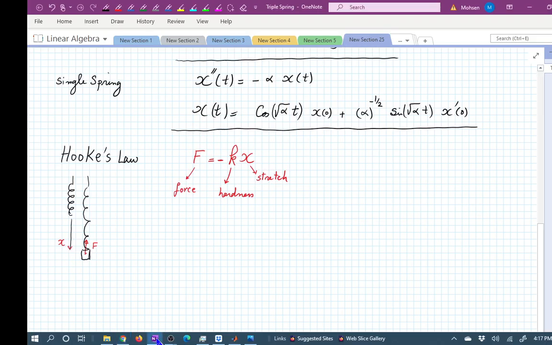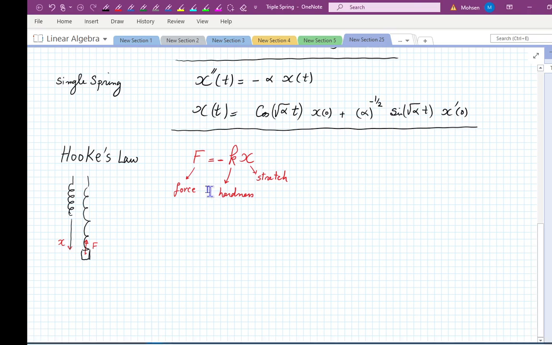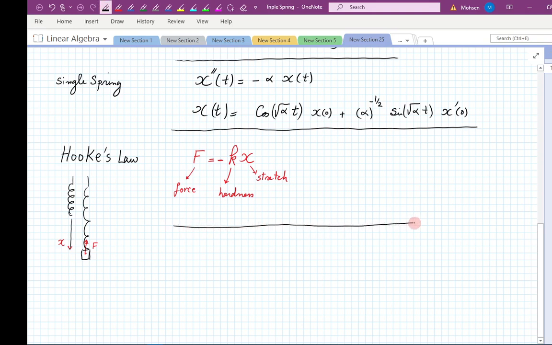Okay, how is this simple idea the same as that differential equation? We need one more ingredient, and that second ingredient is perhaps the most famous engineering formula you know, and that's Newton's law.